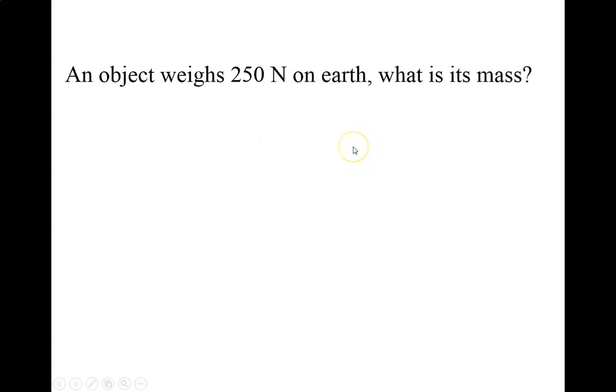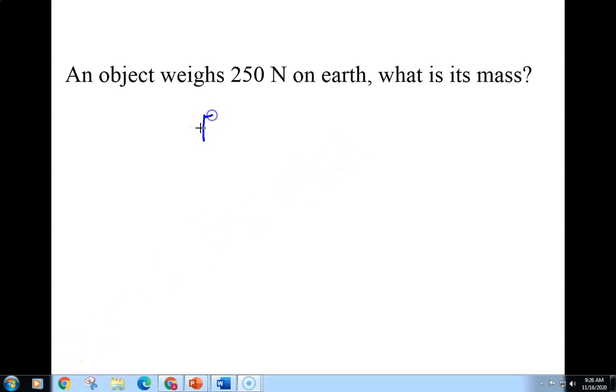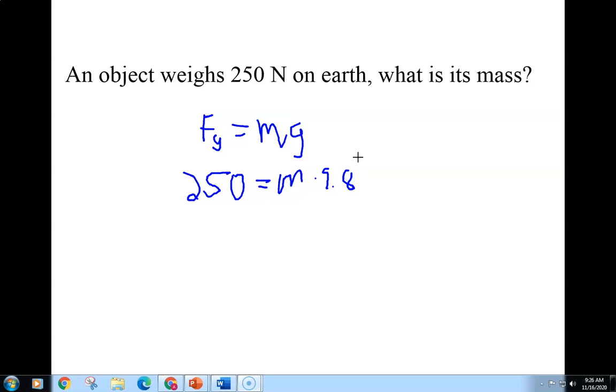Say an object weighs 250 newtons on Earth. Our equation is F sub g equals m times g. So what is the 250? Is that our F sub g, our m, or our g? That's our weight, measured in newtons. So 250 equals m, which is what we're looking for, times 9.8, because we're on planet Earth.